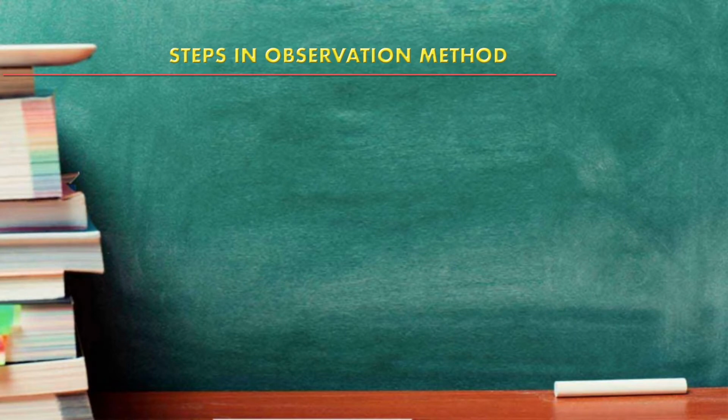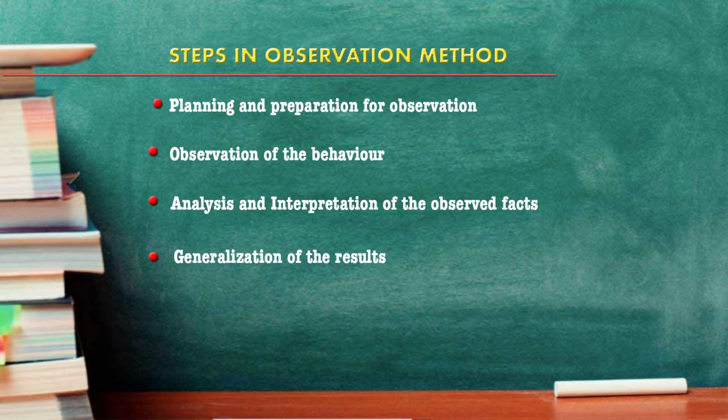Now there are different steps when we go for an observation. It again needs to be done very systematically. So there should be proper planning and proper preparation for observation, and you should be clear about the observation of the behavior. Then you observe that behavior, whatever you have planned to observe, and once you have recorded it, you should analyze that observation and then interpret and generalize the results.